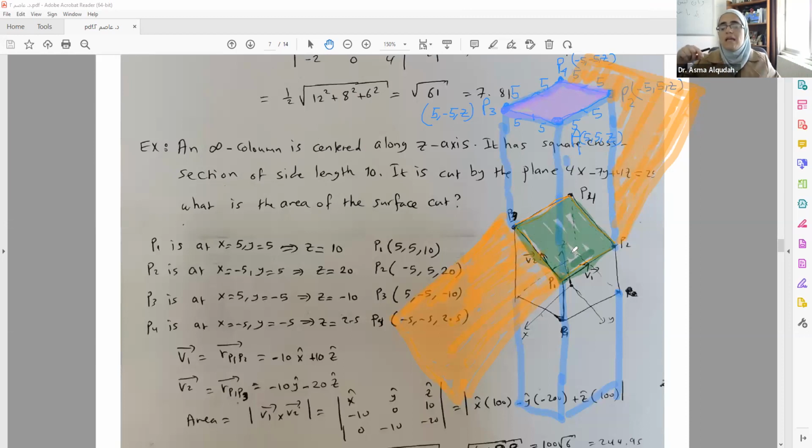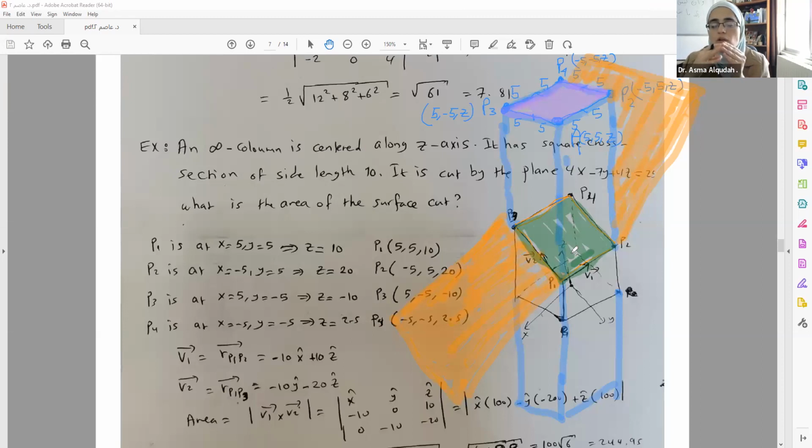Again, this shape is inside the column. I'm just drawing it for clarification purposes, okay? But if it was a real process, we would not see this shape. Okay, so the thing is that we need to find the area of this shape.